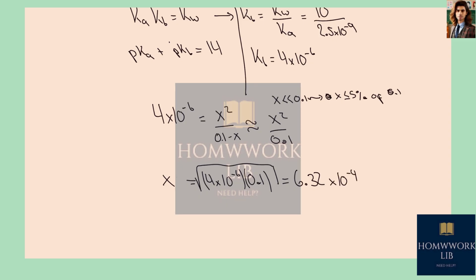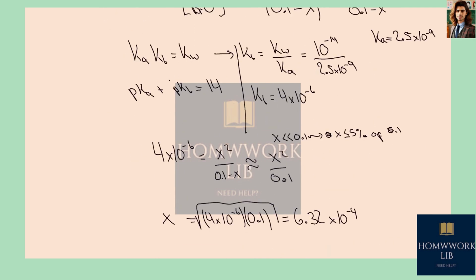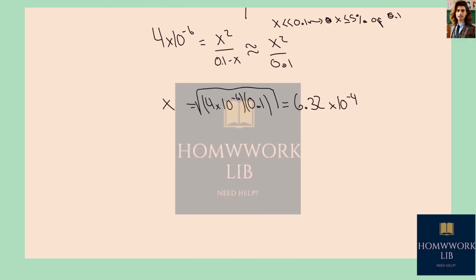But what is the value for that X? Remember that X was the concentration of OH minus, right? So this is equal to the concentration of OH minus. That means that pOH is going to be equal to 3.2, essentially.